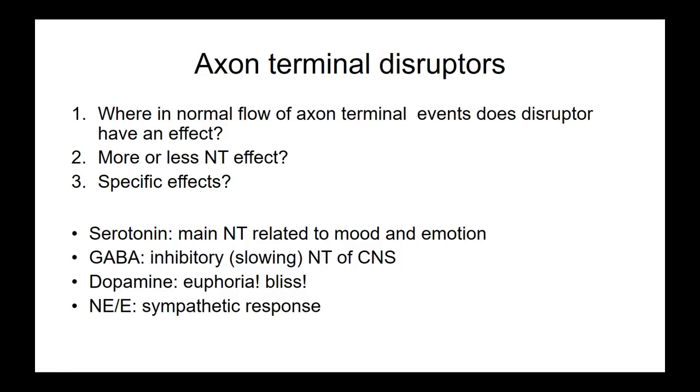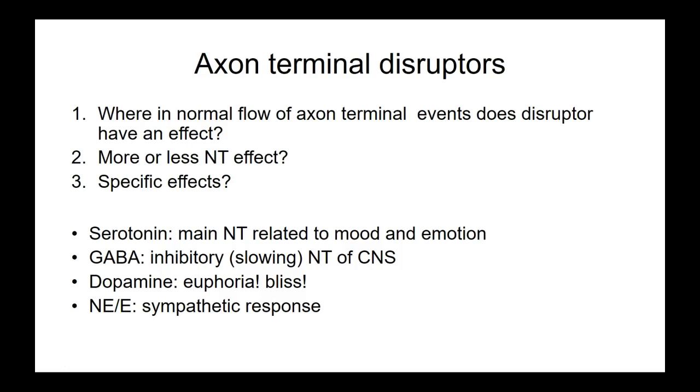So one of the things is, where in the normal flow of axon terminal events does a disruption happen? Right? So if we're talking about a particular drug, is it affecting the receptor? Is it affecting neurotransmitter release? Is it affecting neurotransmitter being disposed of in the synapse? Is it affecting reuptake, for instance, recycling? Is it affecting the ability for it to be chemically broken down?